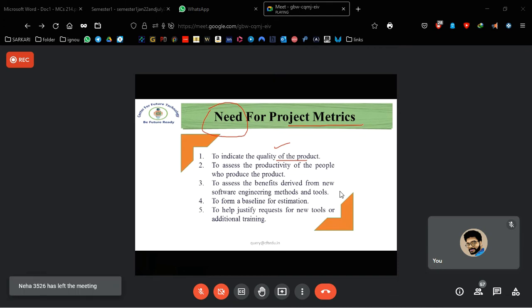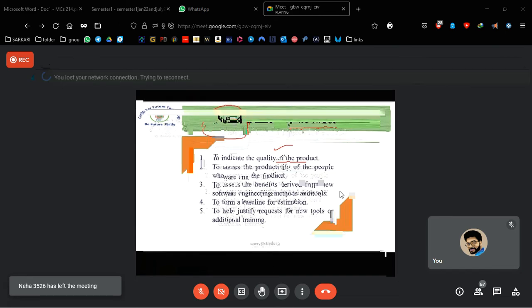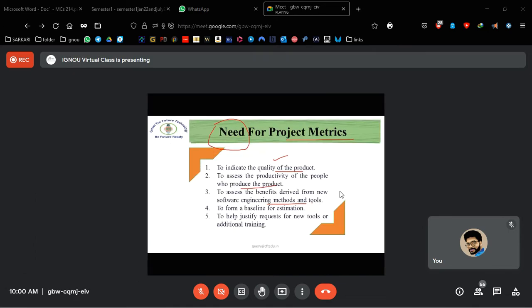To assess the benefit derived from the new software engineering methods and tools, and to form a baseline for estimation. Once we have the metrics with us, we can get an estimation of how things will move on, or what the possible estimation or budget would be for this particular software or project.